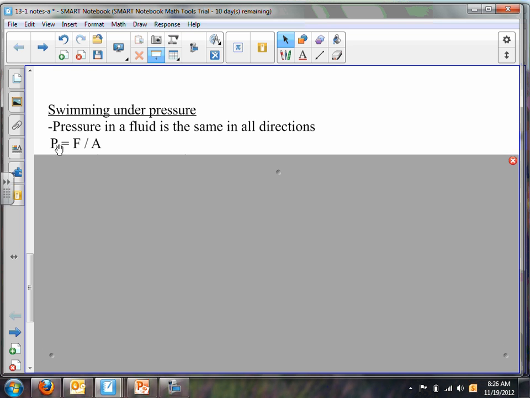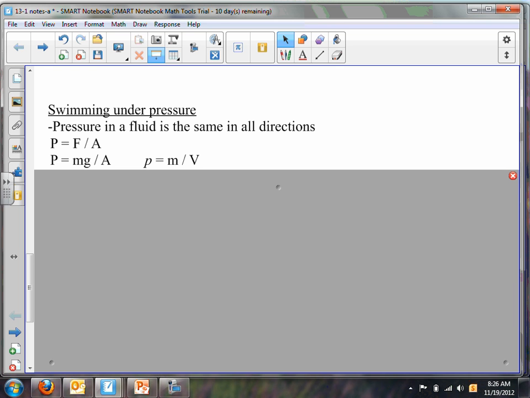We also know that pressure is force over area. Well, weight is m times g, and that's really the force. I can replace my force with mg. Density is mass over volume. Now this ρ stands for weight density, or the density of our fluid in these systems.